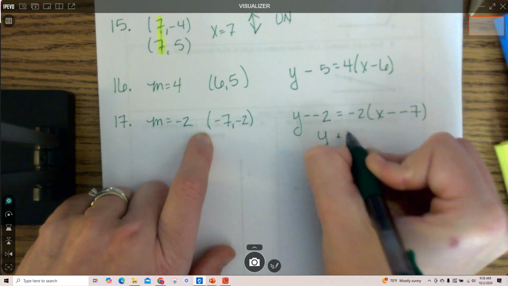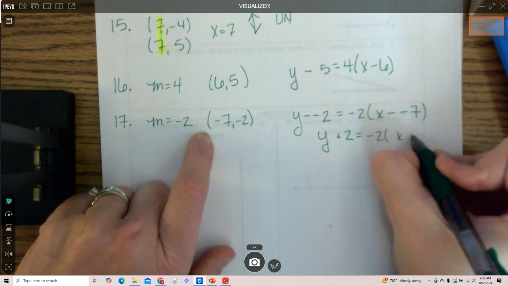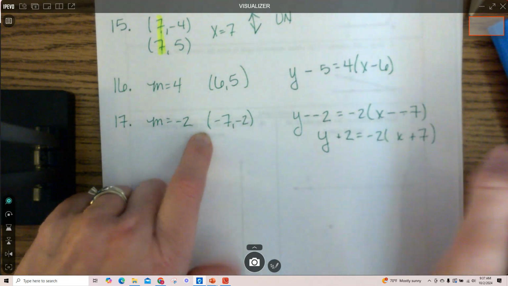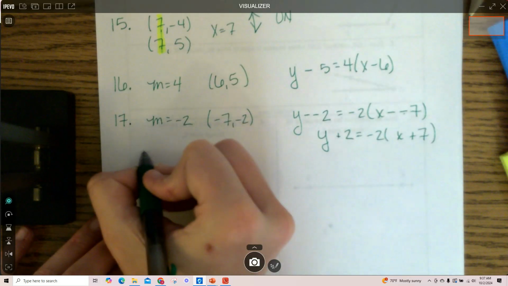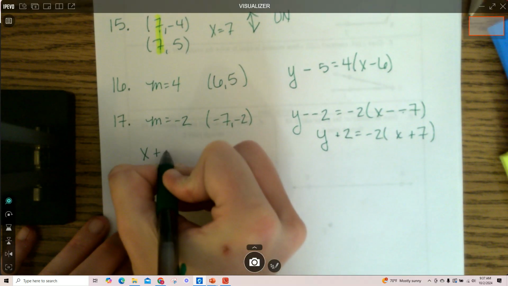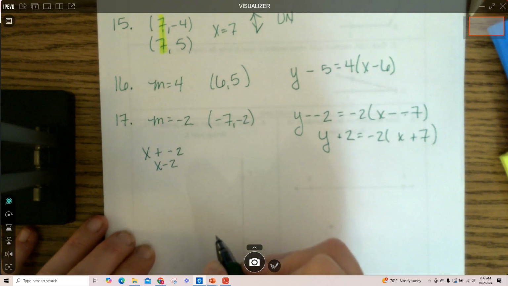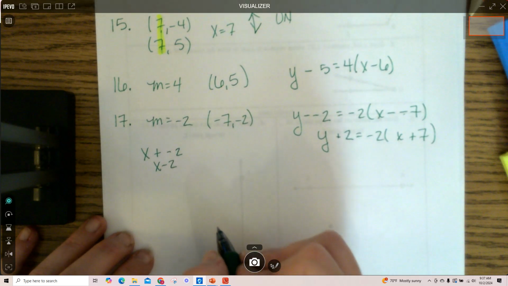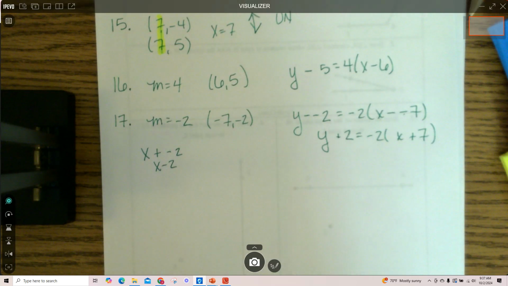Minus a negative is plus. X minus a negative is plus. Same thing, you don't do plus a negative 2. So you wouldn't write x plus negative 2. You would just write x minus 2. So yeah, be careful with your signs. That was a good one.